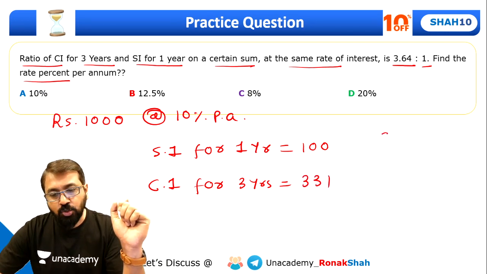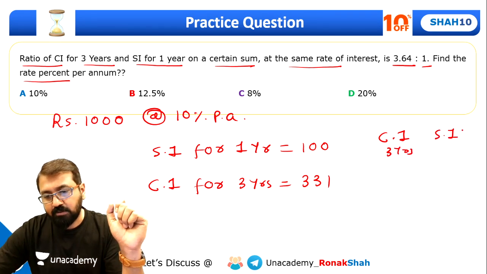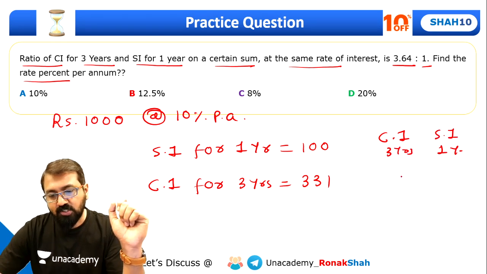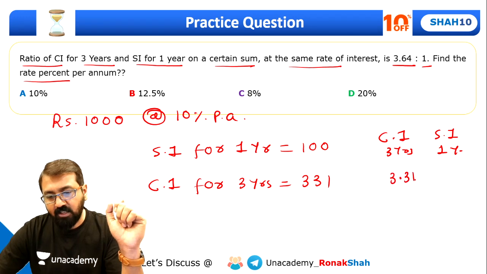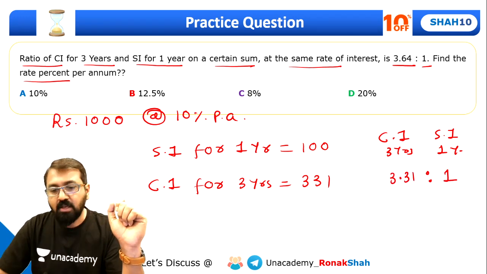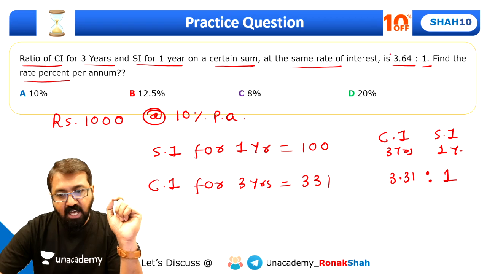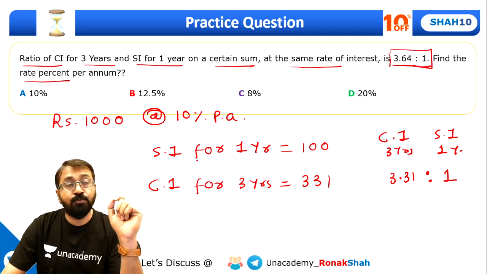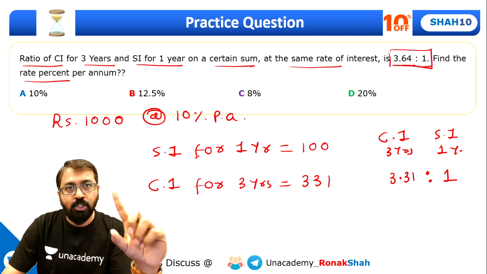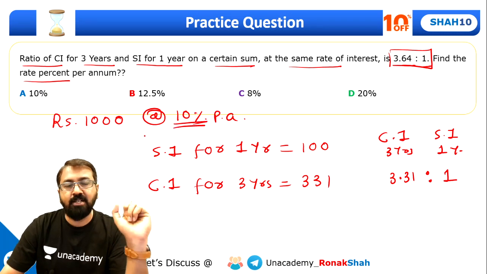So what is the ratio of CI for 3 years to SI for 1 year? This ratio will come out to be 3.31:1, right? But we are given the ratio as 3.64:1. So that means the rate of interest has to be more than 10%.